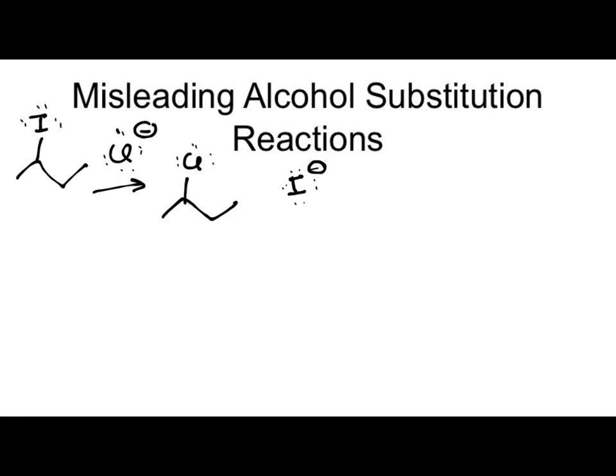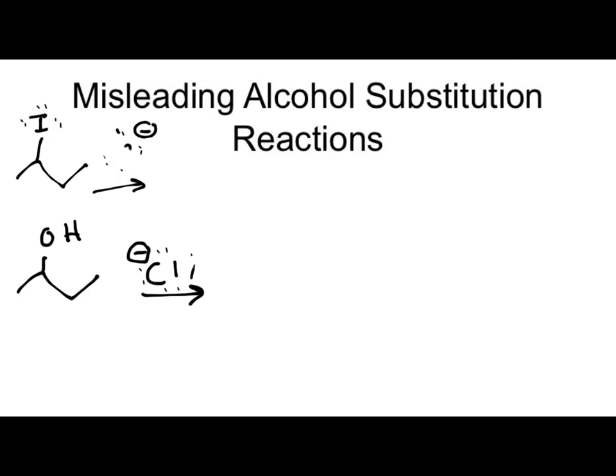What happens if instead of it being an iodide, we move to an alcohol, and we add chloride? One of the things we said about the alcohol functional group is that we still have that highly electronegative element.